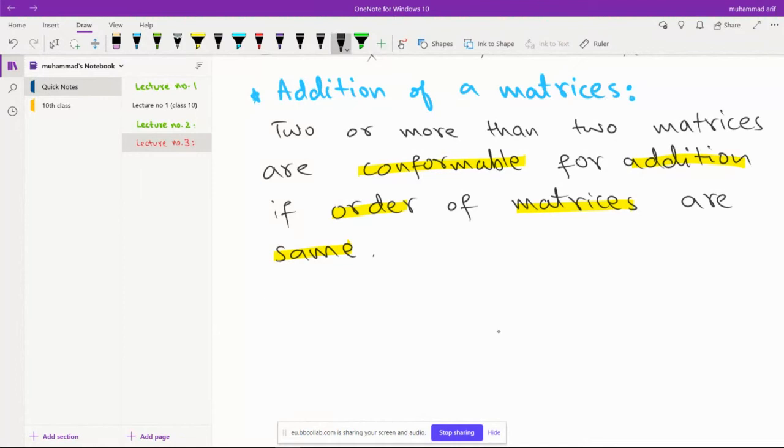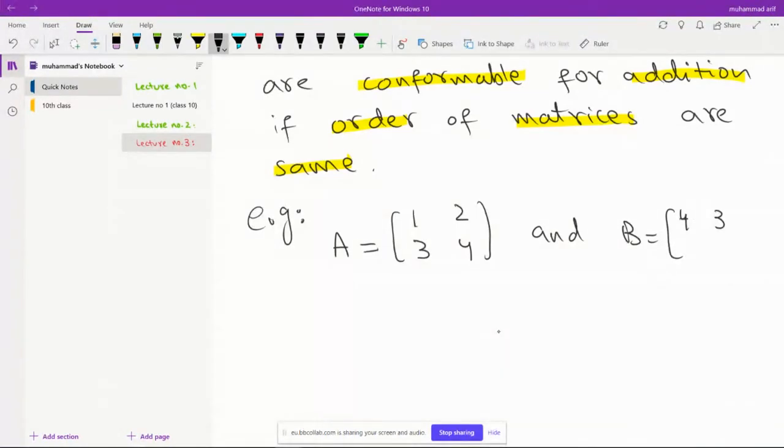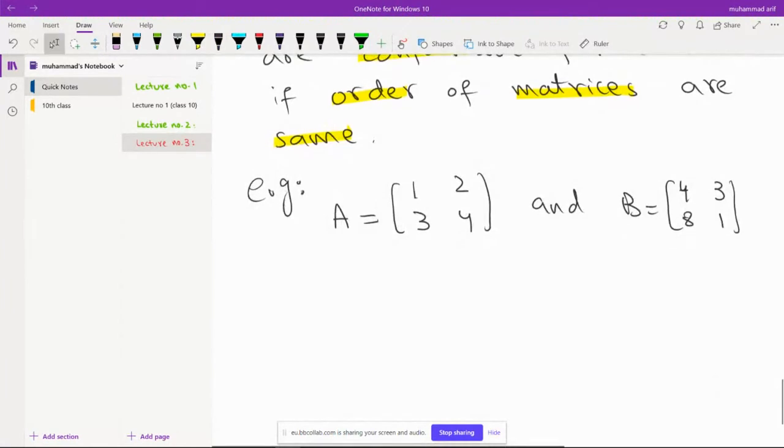For example, let us take two matrices, matrix A, which is equal to [1, 2; 3, 4], and another matrix B, which is equal to [4, 3; 8, 1]. Now here we see that the order of both matrices is the same.